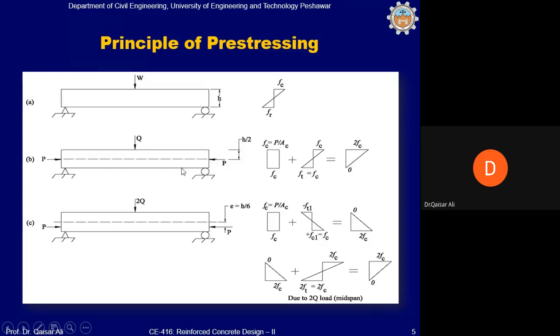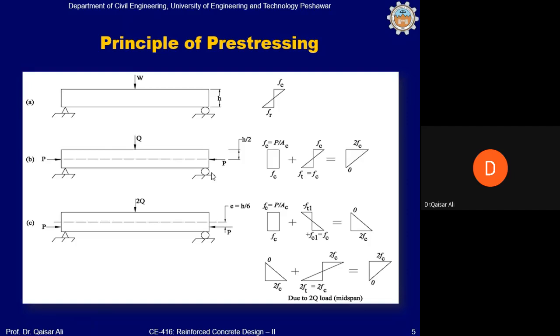So compressive stresses of the same magnitude will be produced all along the length of the beam, because this force is the same all along the length of the beam, as it is applied at the ends of the beam. So force P will produce stress Fc is equal to P divided by Ac, and Ac is the cross-sectional area of the beam. Correct?